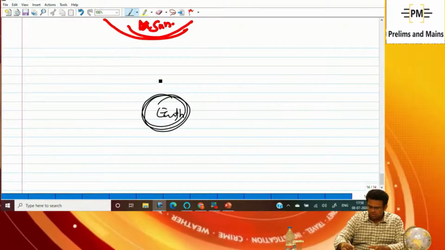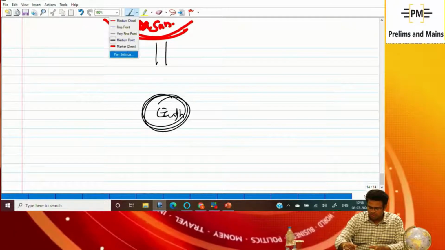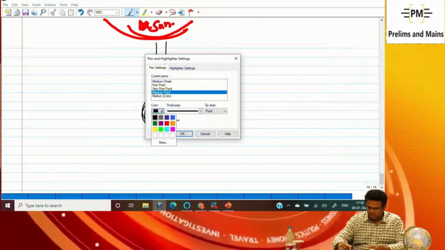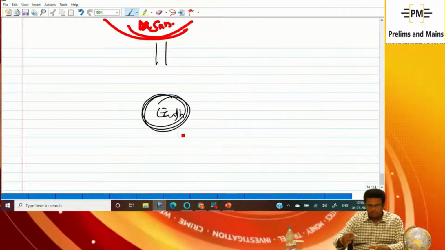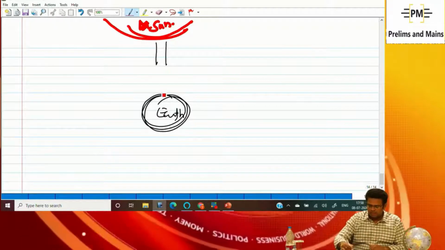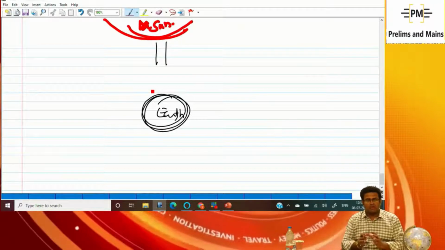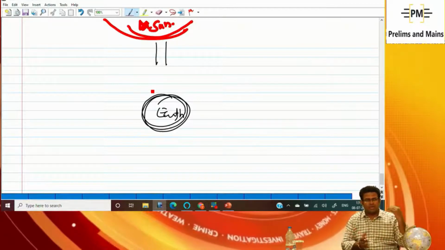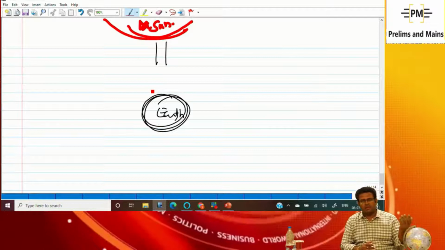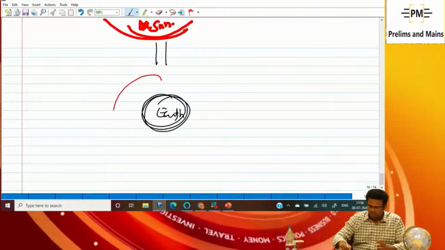Due to the Sun, solar winds are coming, and there are magnetic fields also. When they come over there, the electromagnetic waves of the Earth and of the Sun collide and create a magnetosphere.